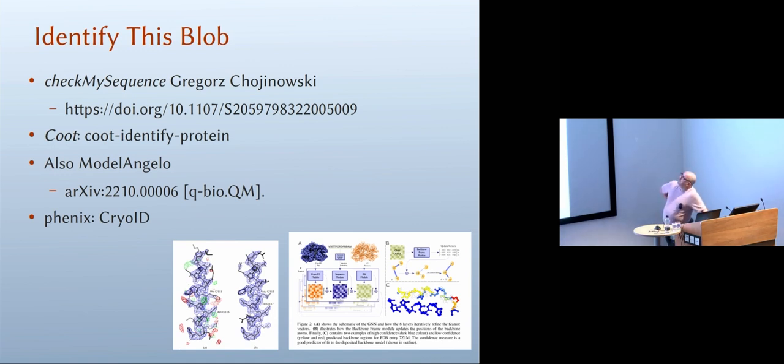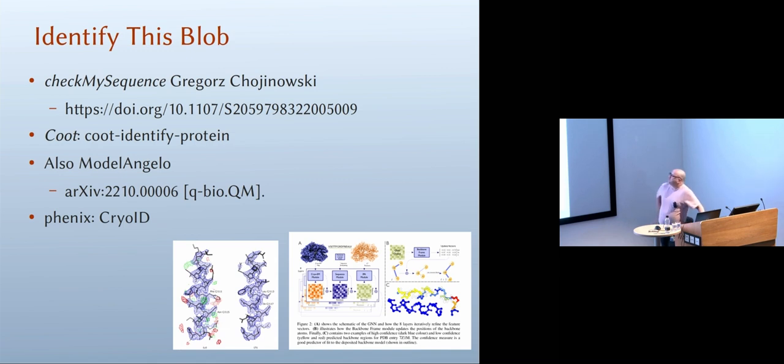Secondly, we might say we have found a blob, and the way we could couch that problem is we have a piece of chain that we could trace, and you can use various programs to identify what that protein is. So imagine that you have some part of the reconstruction you didn't expect to be there, but it's there.